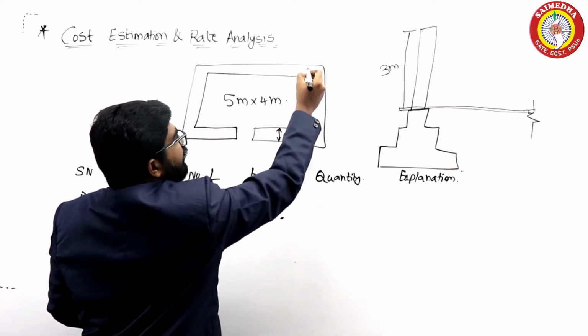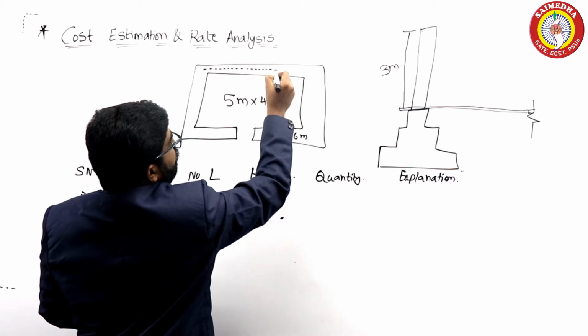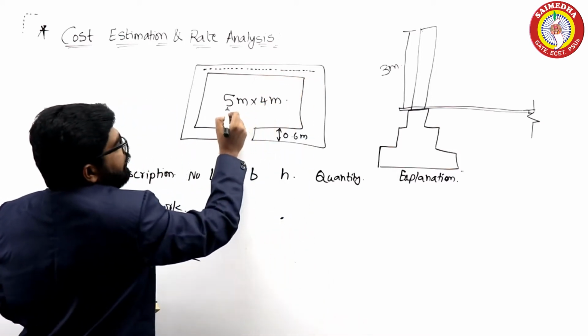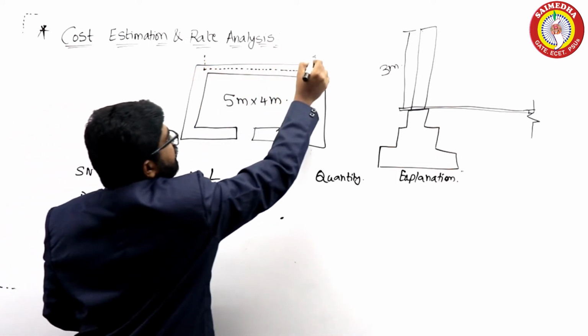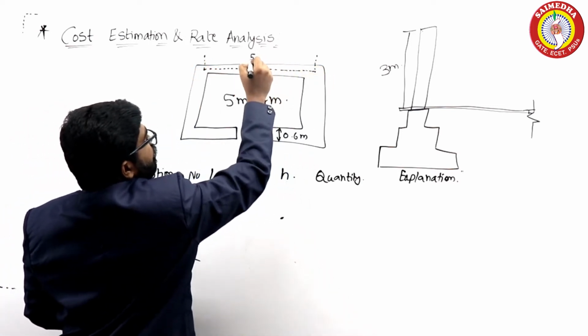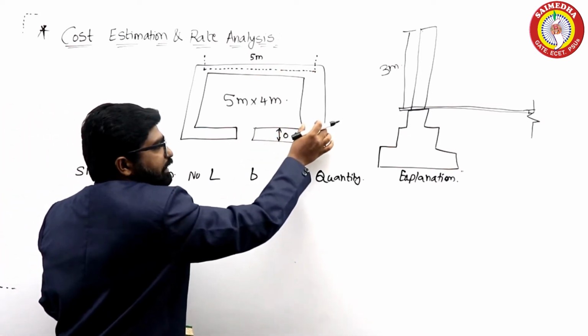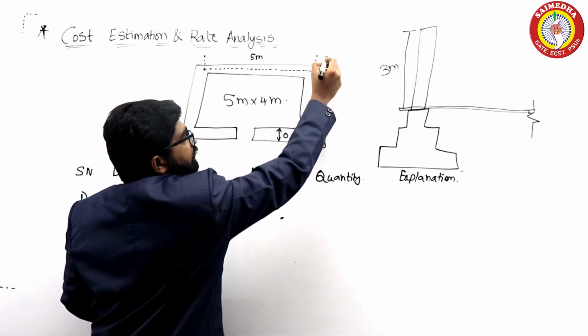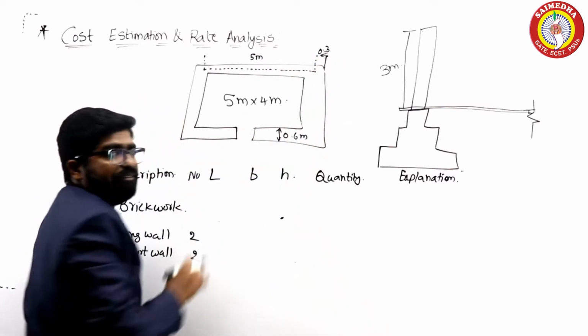So half of my breadth. If I draw a center line here, this 5 meters represents the center line room length. So the distance between this is 5 meters, right? The overall thickness is 0.6. So what is this thickness? This is 0.3, right? Total is 0.6, so half of it is 0.3.